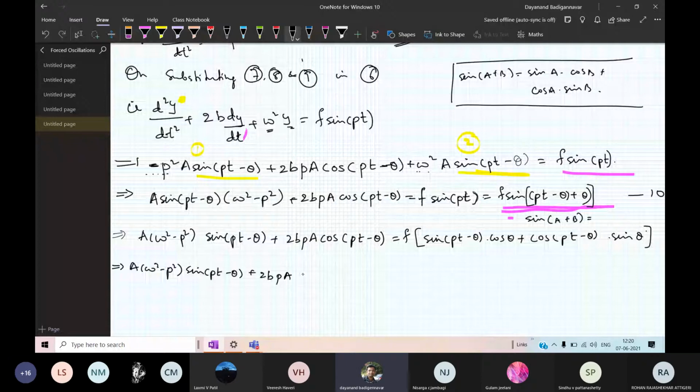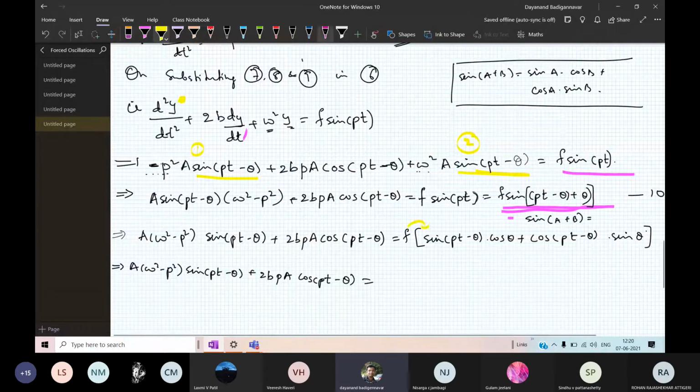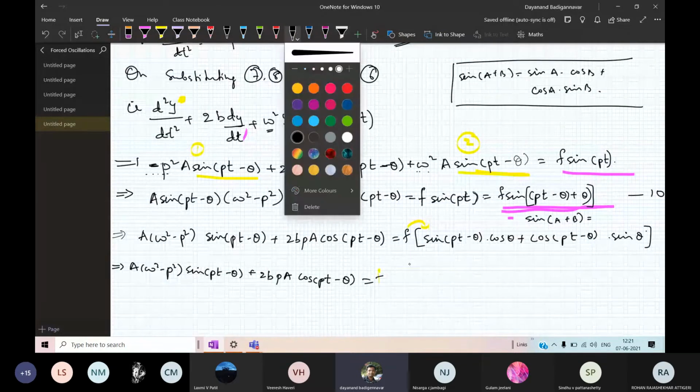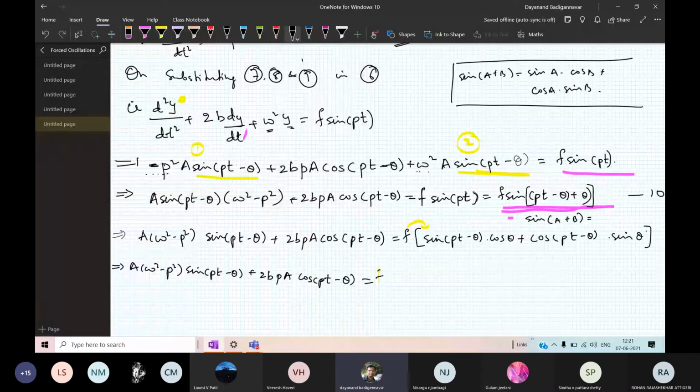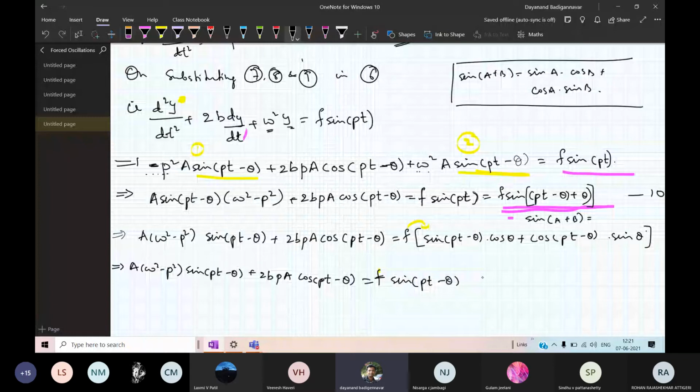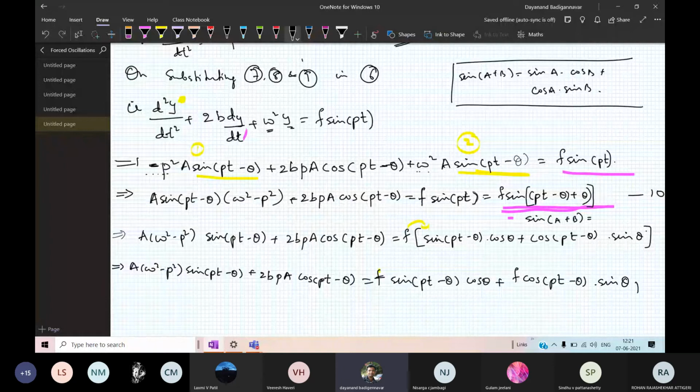Once I take it inside the bracket, that will be equal to F into sine PT minus theta into cos theta plus F into cos of PT minus theta into sine theta. I will call this equation number 11. So this I will call equation number 10. Okay, got it.